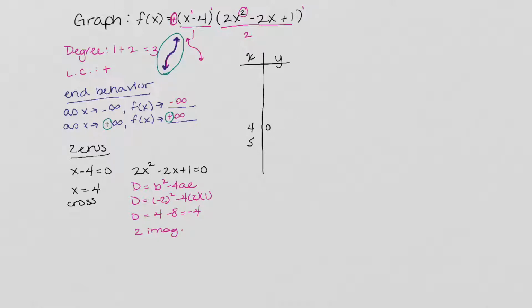I'm going to plug 5 into f of x. So 5 minus 4 times 2 times 5 squared minus 2 times 5 plus 1. When you do that, you get 1 in the first parenthesis. And then 2 times 5 squared is 50, minus 10, plus 1. So 1 times 41, which is 41. That is a big number.